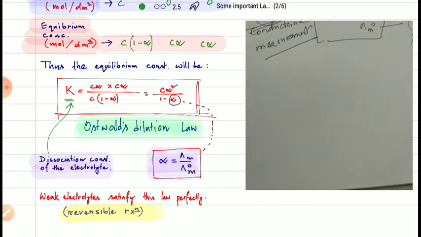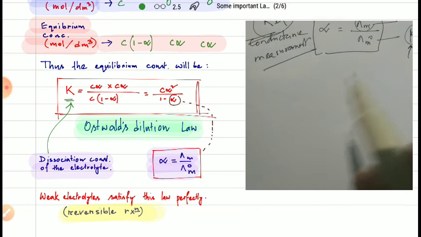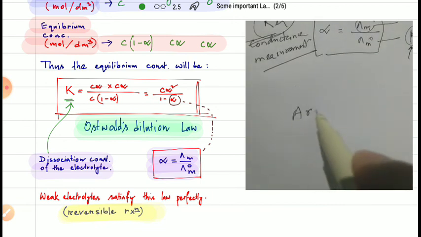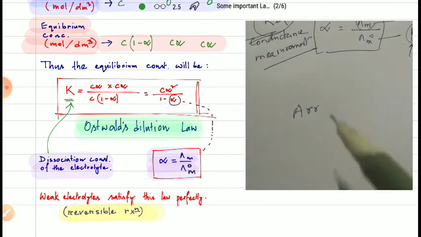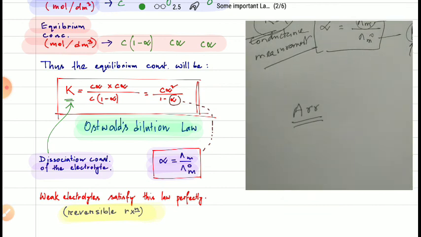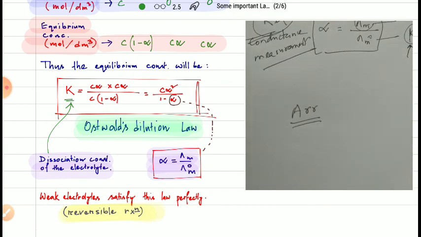Always remember one point: the Arrhenius theory and this Ostwald law are only applicable for reversible reactions. We have already discussed why we can apply the Arrhenius theory and this law only for reversible reactions: we cannot use it for strong electrolytes, because strong electrolytes do not exhibit reversible reactions.